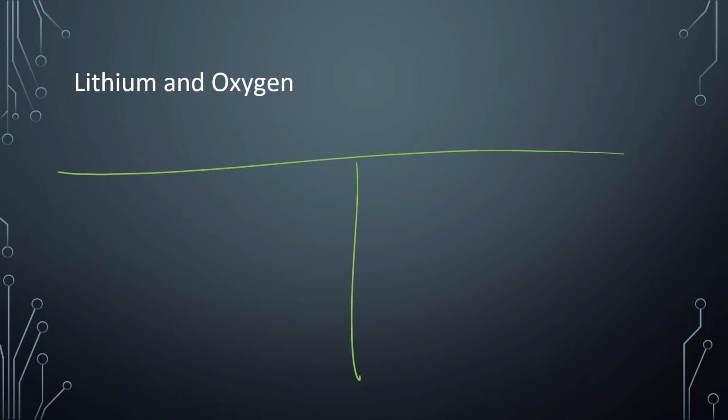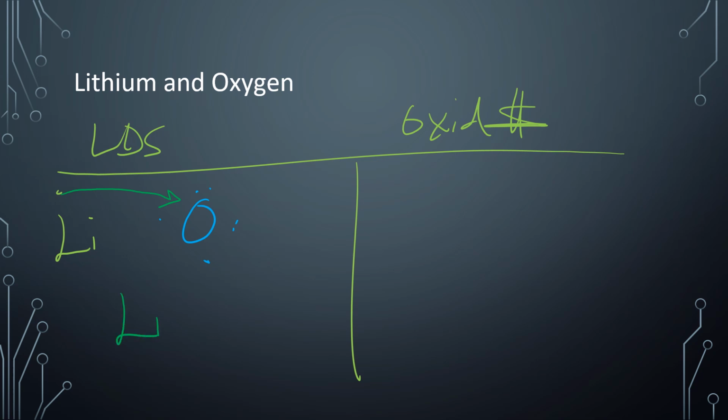Lithium and oxygen, LDS, oxidation number method, crisscross method. Lithium is 1 dot, oxygen is a total of 6. It is going to steal 1 dot. Oxygen has 7 valence electrons now, so I need a second lithium to steal that one.